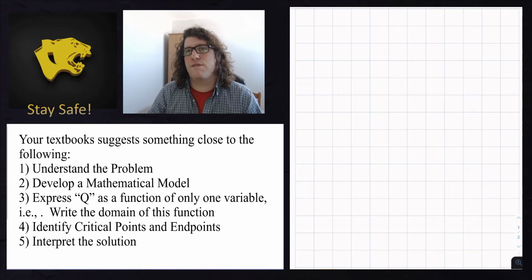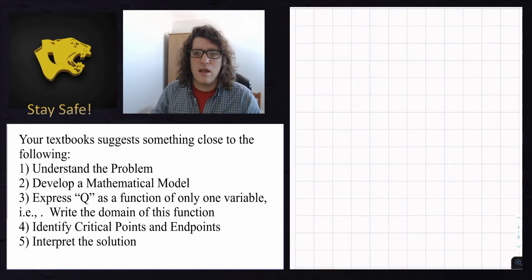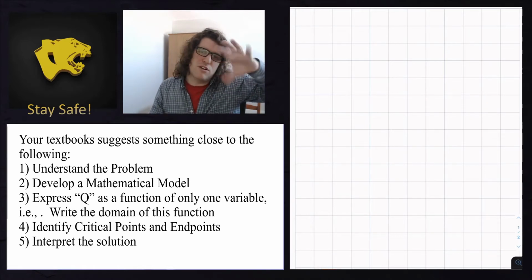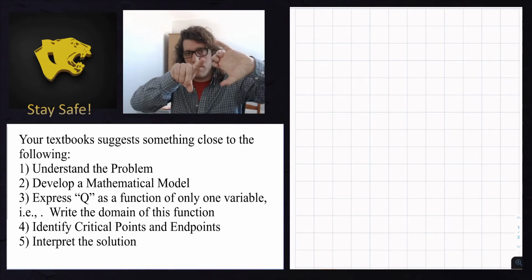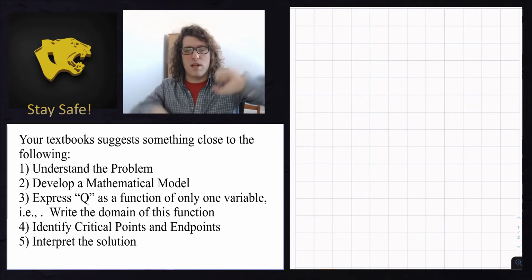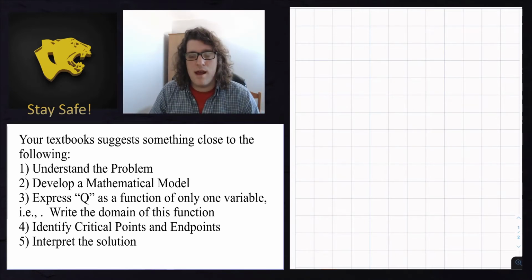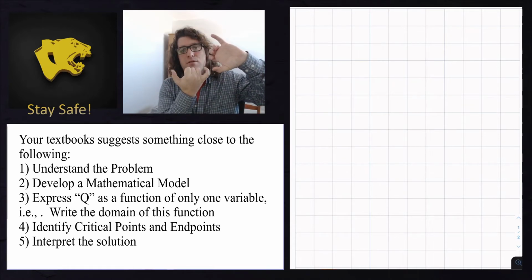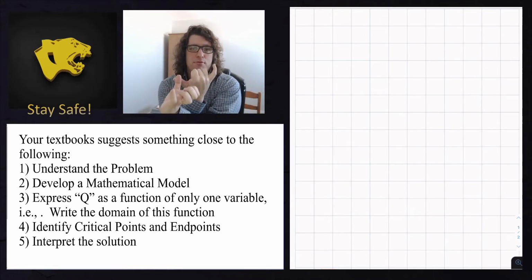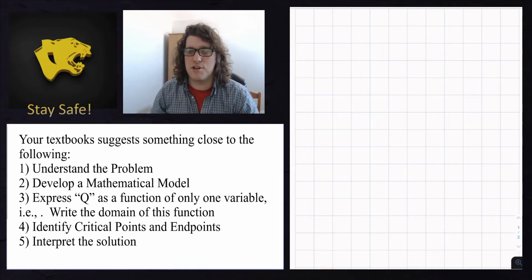Because if you can think about it as a 2D graph, the ones that we're used to seeing, usually your dependent variable is the one that you're looking to optimize. And so you're looking for maxes or mins, so your y values being highest or lowest that you can possibly imagine. And then on your other axis, your independent variable is going to be there. Well, what would happen if you had 2 independent variables? Well, then you'd need a 3-dimensional graph in order to show what was going on there.